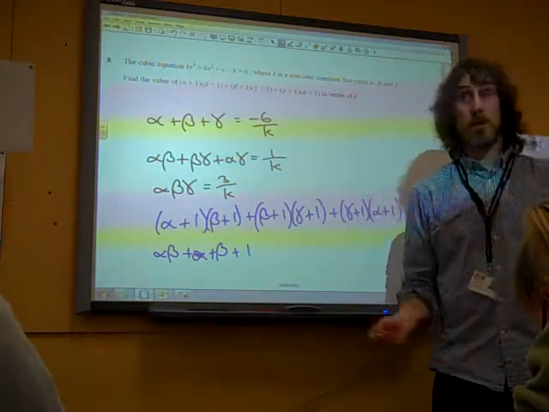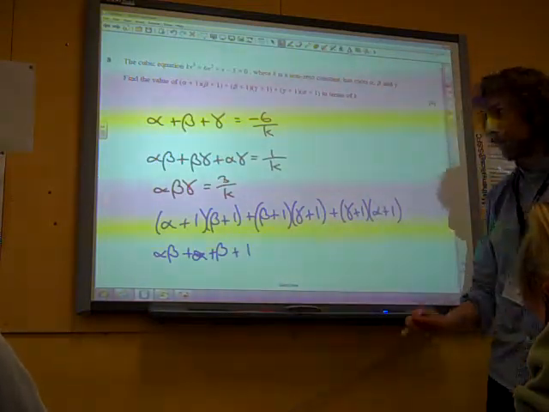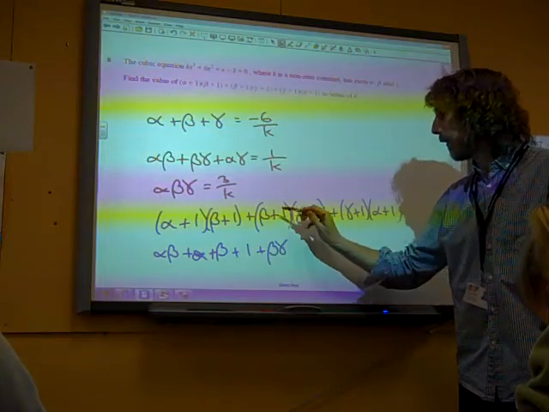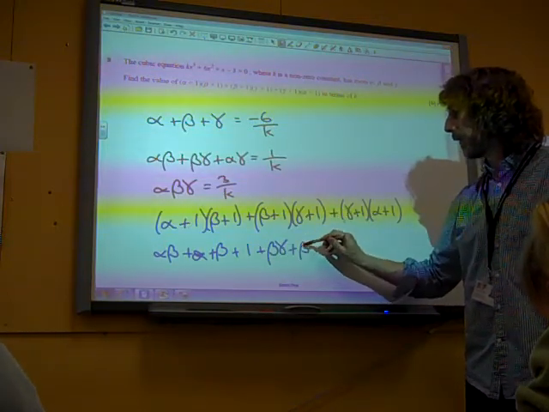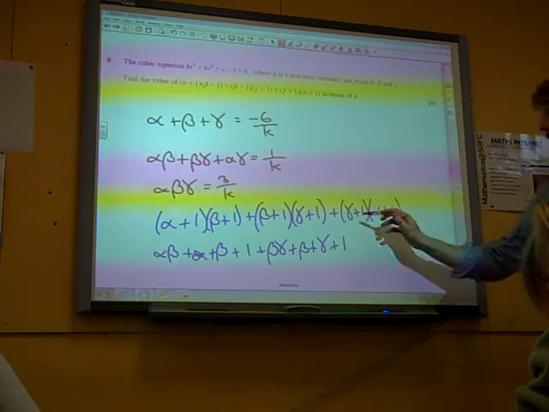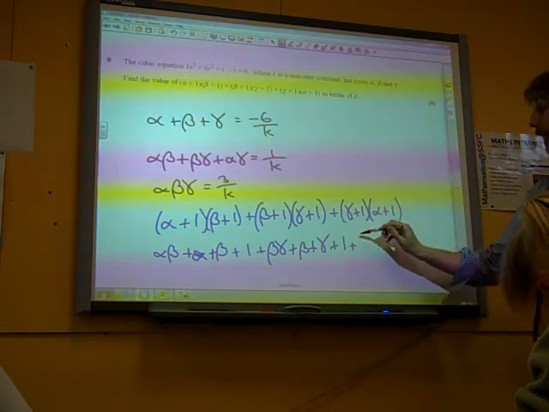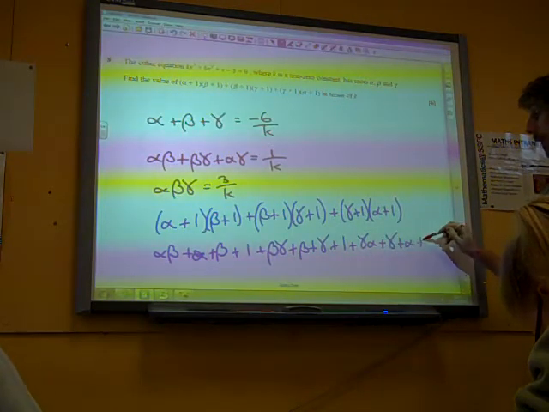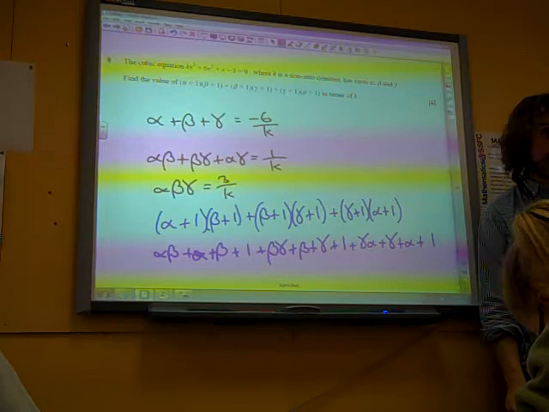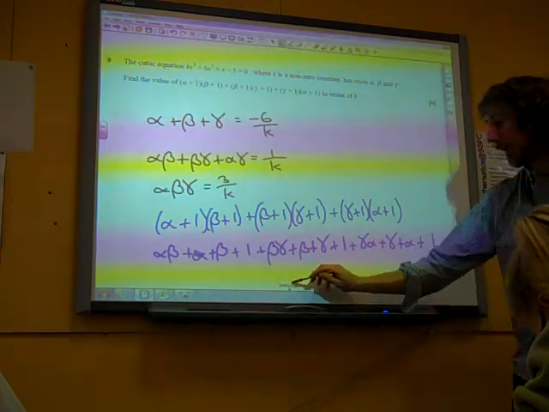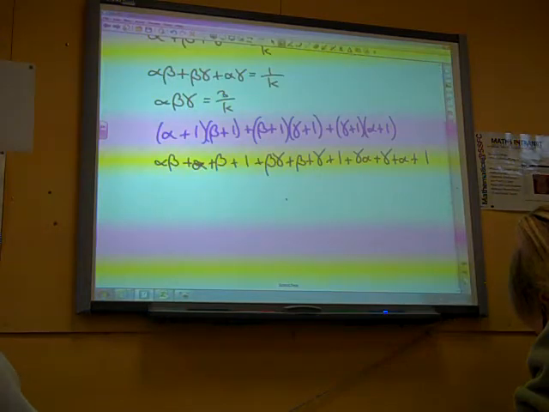Plus a 1. 1 times 1, of course, is 1. Here I've got a beta gamma plus a beta plus gamma plus another 1. And at the end I've got a gamma alpha plus a gamma plus an alpha plus 1. And that's the whole thing, not particularly subtly, just multiplied out to see what happens.